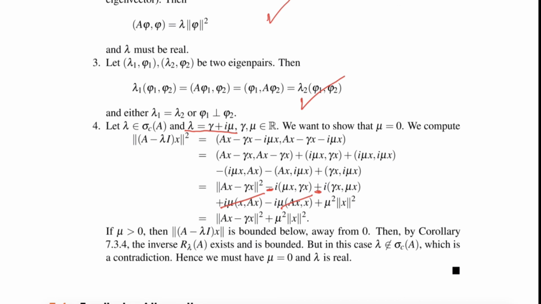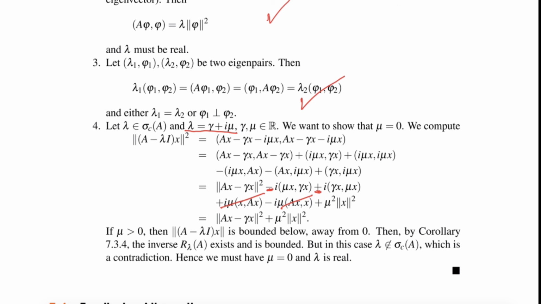Now, if mu is bigger than 0, then the operator (A minus lambda I)x would be bounded below away from 0. For each x, the norm would be bigger than mu times the norm of x. But then by the previous corollary, 734, the inverse, the resolvent of lambda and A, exists and is bounded.